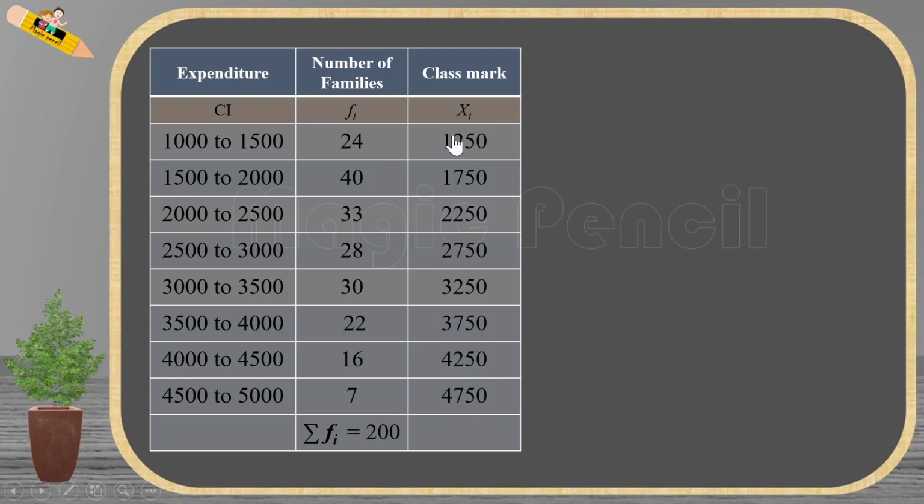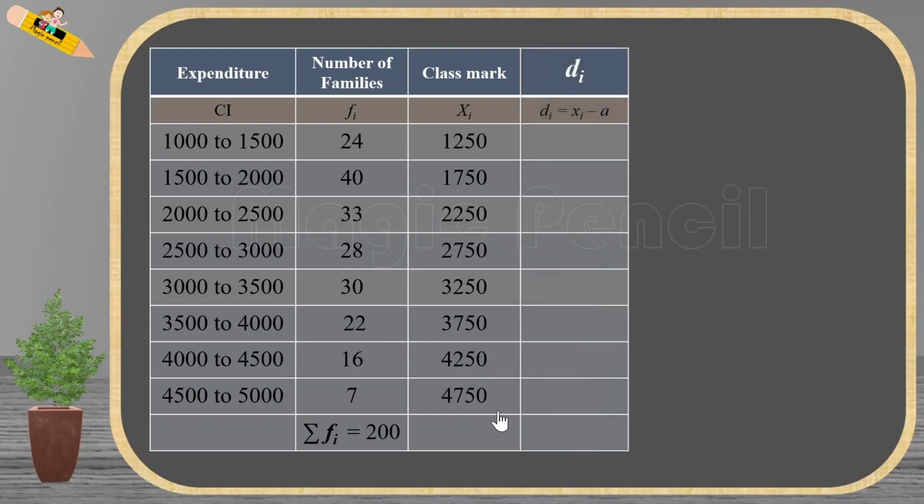Since these class marks are big, we cannot proceed with the direct method. We want small numbers because we are all lazy to multiply all these values fi and xi. So what shall we do? Let us do di, that is xi minus a. For that we have to select one of the xi values as our assumed mean.